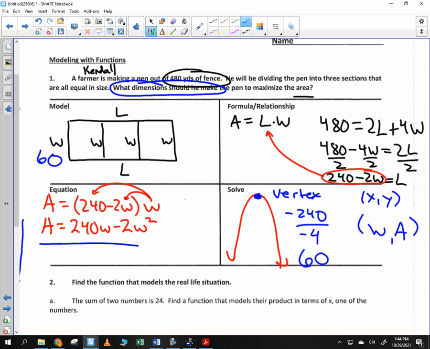Is there an equation up there on the board that says L equals? Yeah, it's right here. So if you plug the width back in, 240 minus 2 times 60, I get 120. So I'm going to make 60 yards by 120 yards. And that, my friends, are the dimensions that will maximize the area.